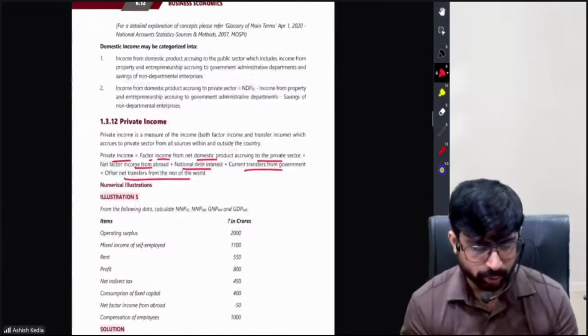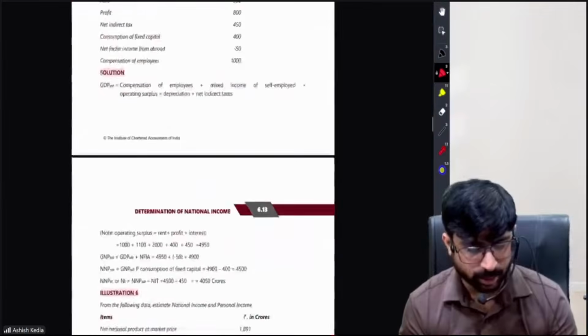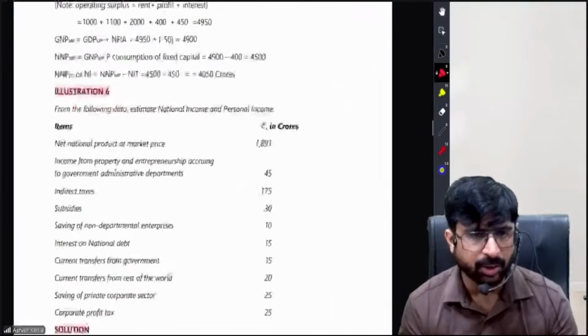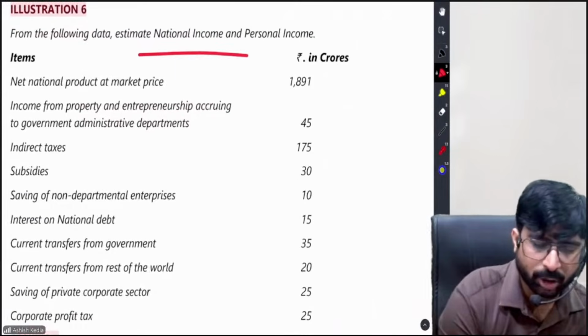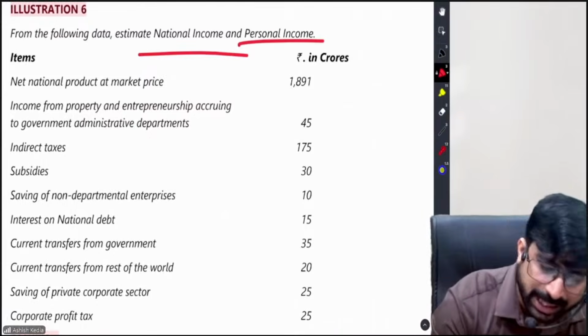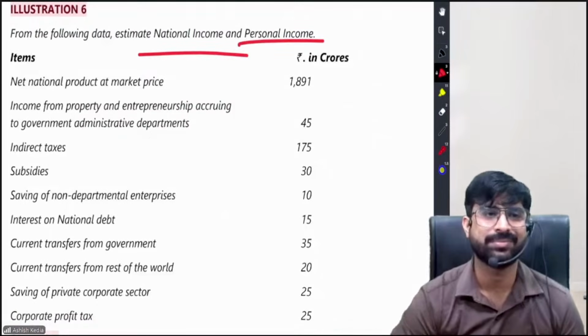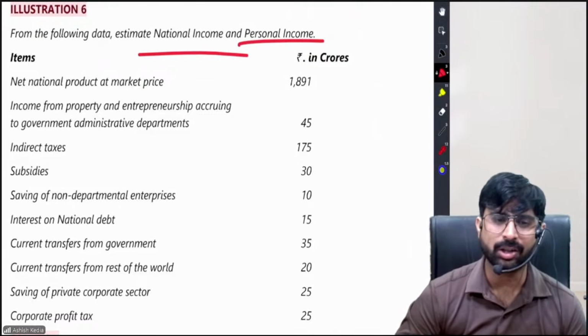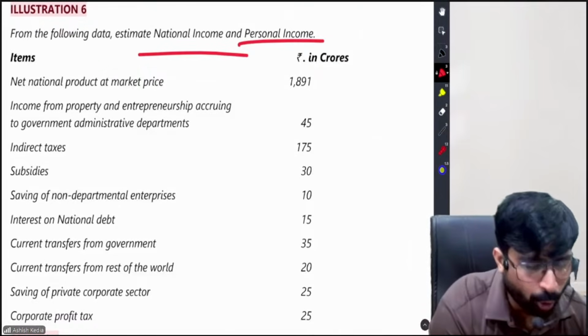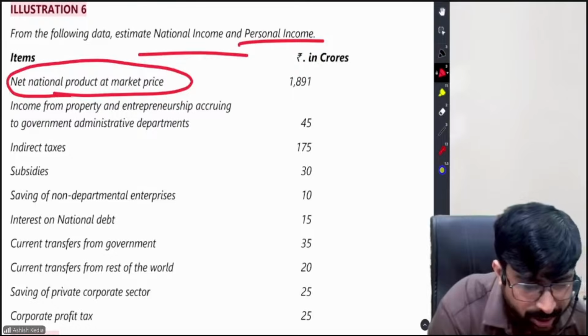Let's go ahead, solve this. Let's see whether we are able to understand. First one skip for now. Second one we will do. Let's see. From the following data, estimate national income and personal income. A good question. You have to note down the key information, not the entire question. What information has been given to you? Check.